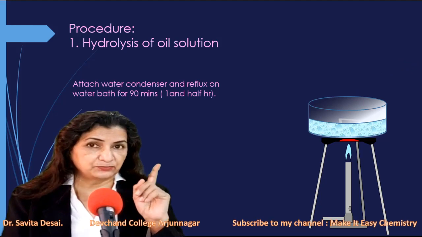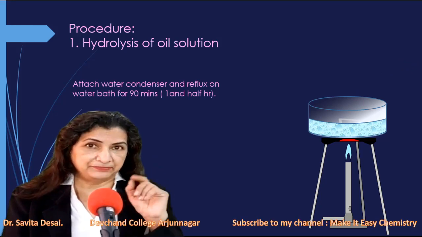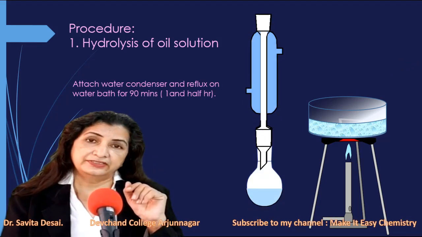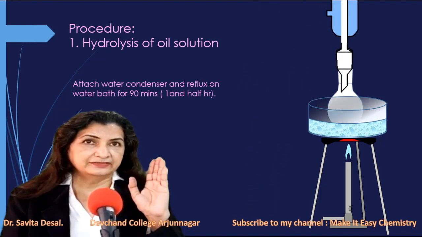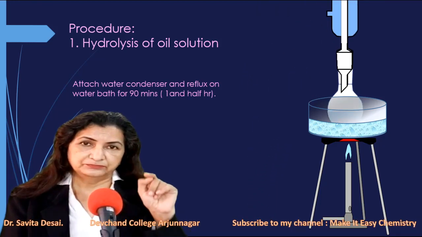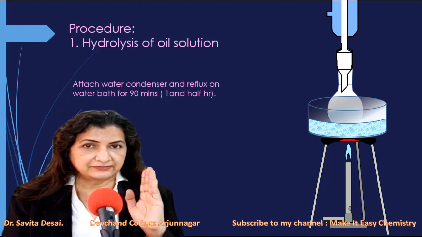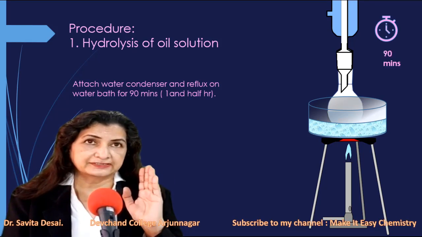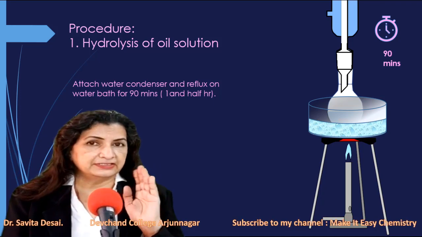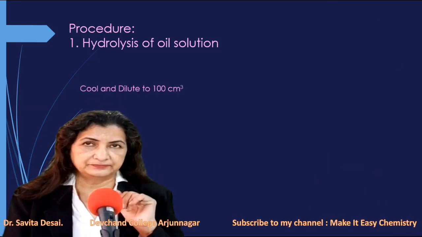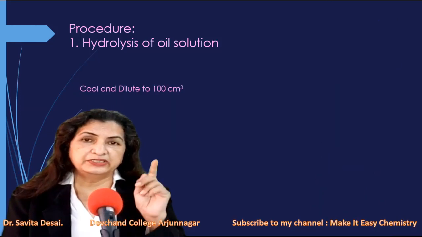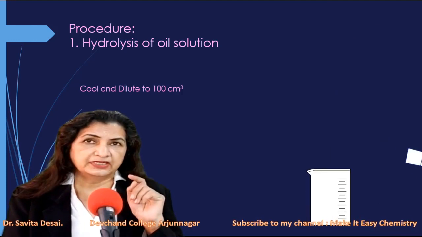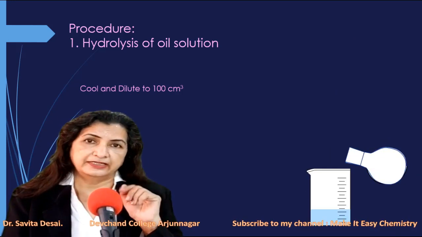When the water starts boiling, we keep the clay pipe triangle, and on that clay pipe triangle we set the water condenser with the round bottom flask and continue heating for 90 minutes, that is 1.5 hours. After that, we cool this solution and dilute it to 100 ml.